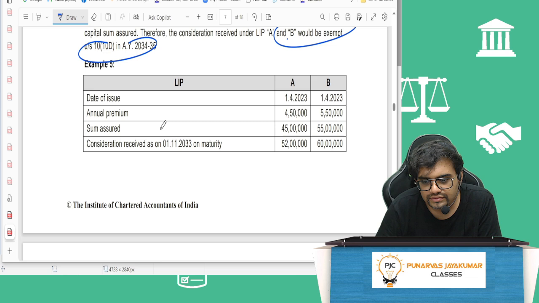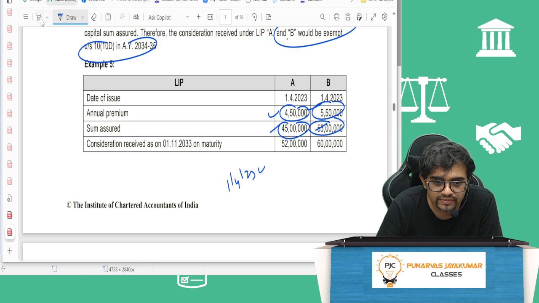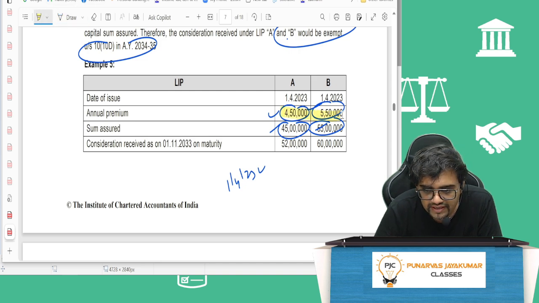Next you see here. 45 lakh, 10% is 4 lakh 50, condition satisfied. 55 lakh, 10% is 5 lakh 50, condition satisfied. First condition, is it issued after 1/4/23? Yes. Second condition, is the premium less than or equal to 10% of sum assured? Yes. Third condition, is the aggregate of the premium more than 5 lakh?